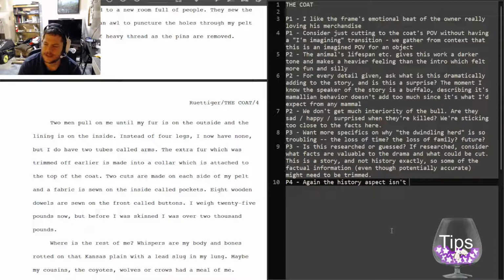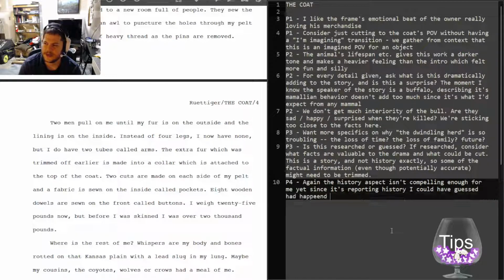The history aspect isn't compelling enough for me yet, since it's reporting history I could have guessed had happened. Consider only reporting surprising aspects of the coat's history.